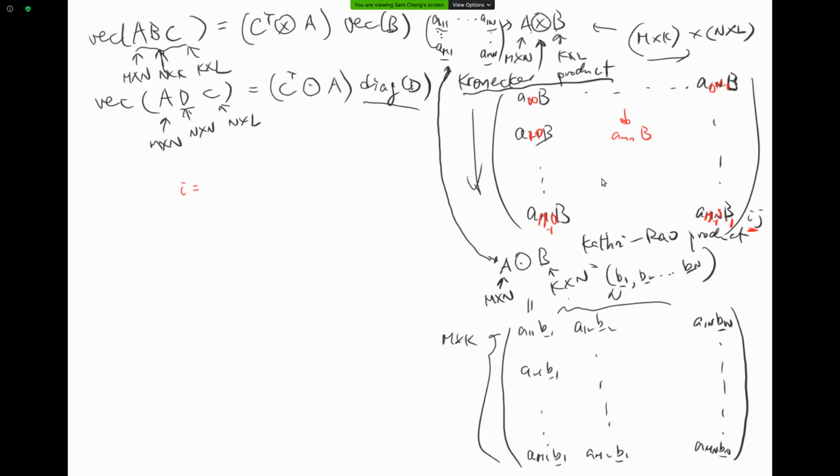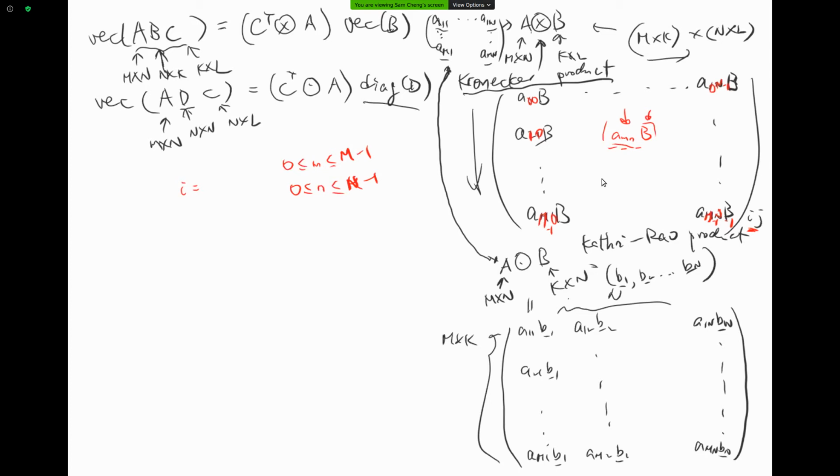Because I'm doing this tiling of this B matrix inside this Kronecker product, weighted by this A_mn, for an index mn, where m is between 0 and m minus 1, and n is between 0 and n minus 1, I will have a term like A_mn times B.